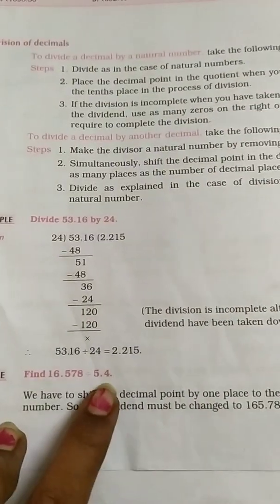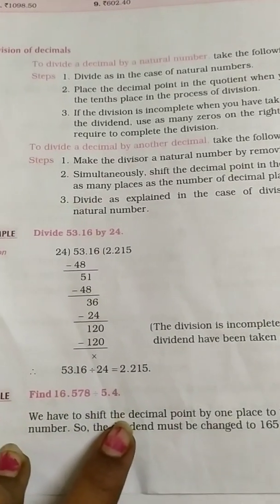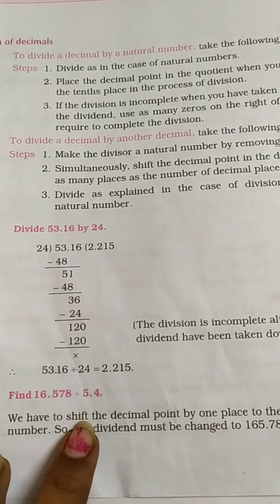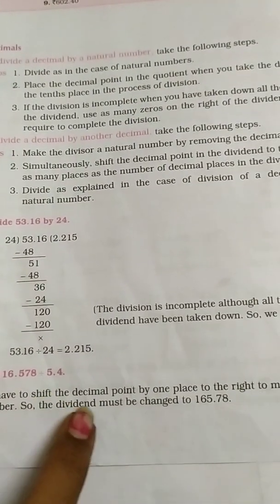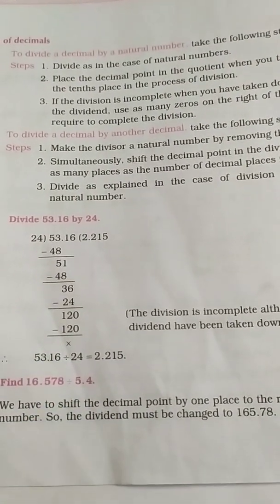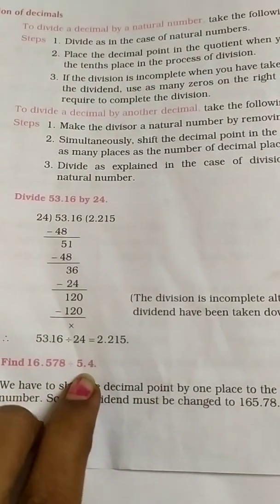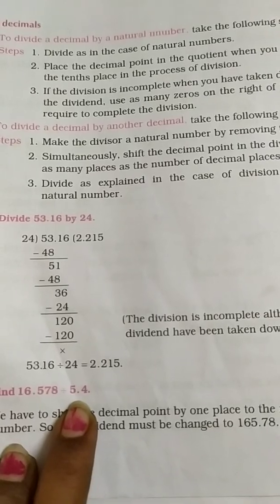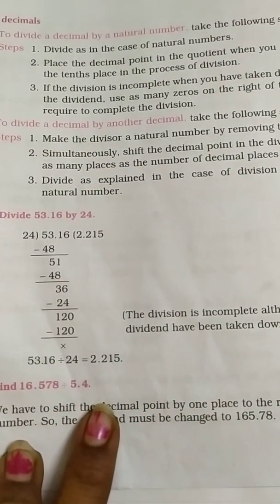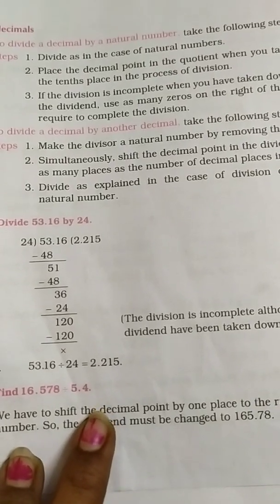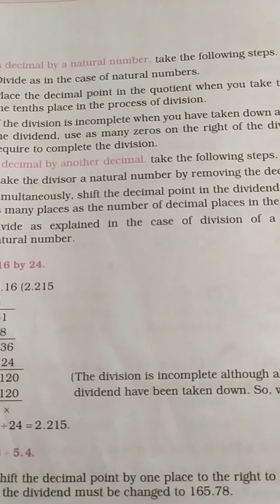But when the divisor is also a decimal number, you have to remove the decimal point from the divisor. For that, you are going to multiply both numerator and denominator by 10. If you have only one digit after the decimal, you multiply by 10. 2 digits means 100, 3 digits means 1000. So it depends on how many numbers are there after the decimal point.